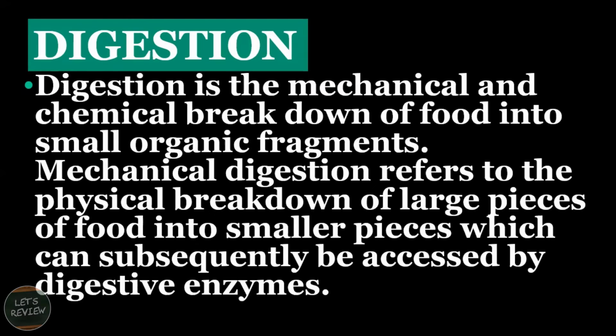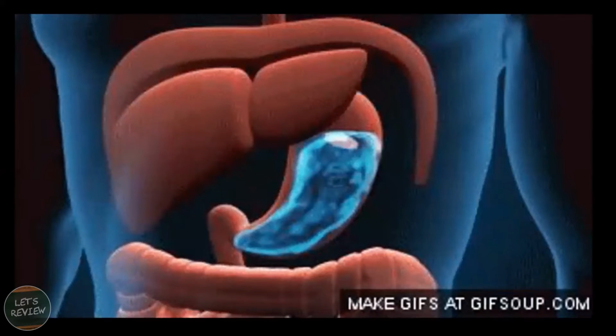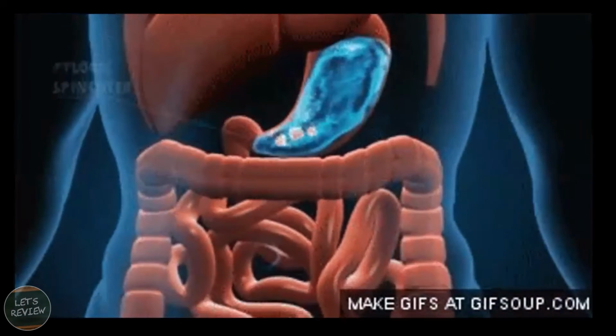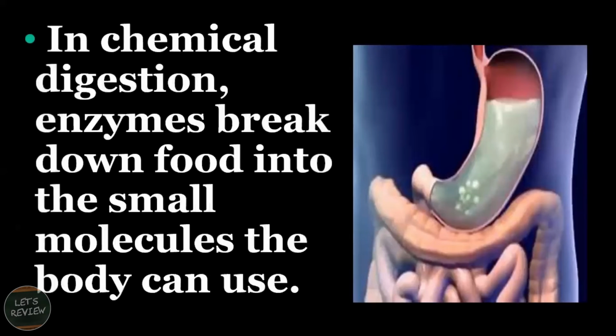Mechanical digestion refers to the physical breakdown of large pieces of food into smaller pieces, which can subsequently be accessed by digestive enzymes. Then chemical digestion happens next, where enzymes break down food into small molecules that the body can use.